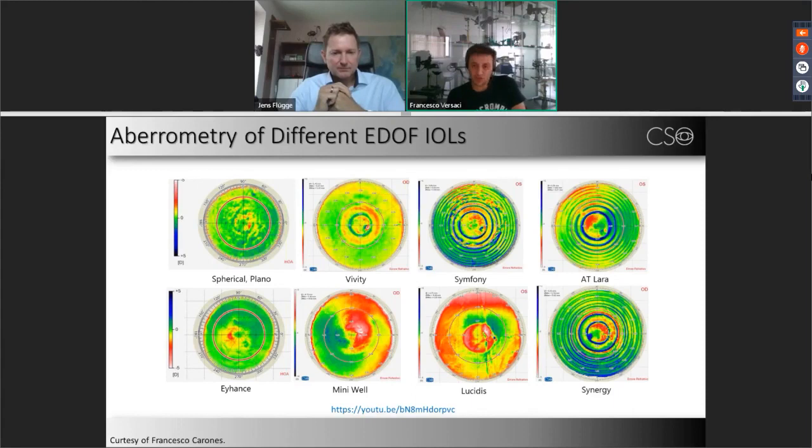So by the observation of the refractive error of each of those lenses, you can understand easily how this lens is working, and you can recognize the working principle and the effect of each lens.